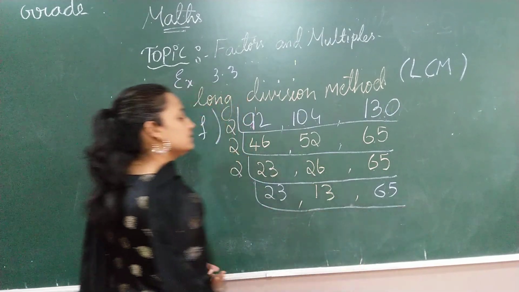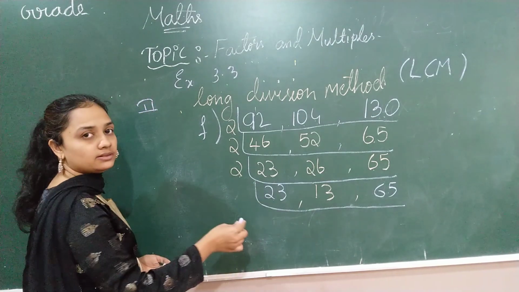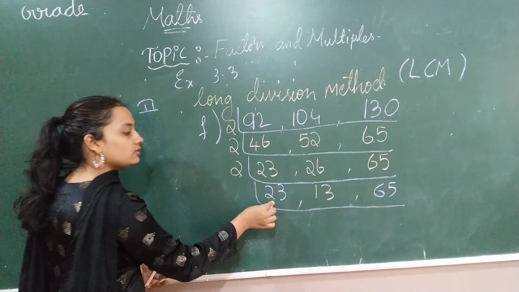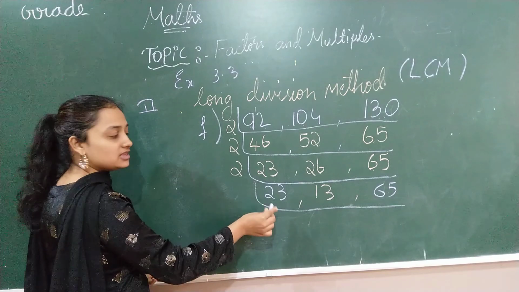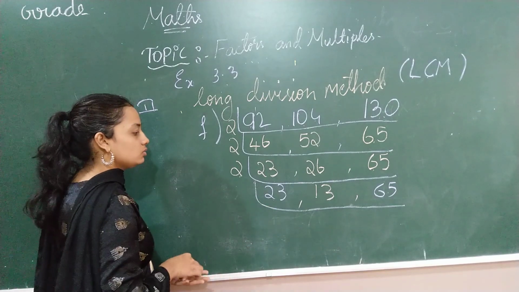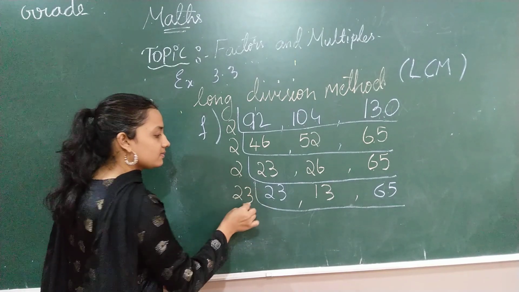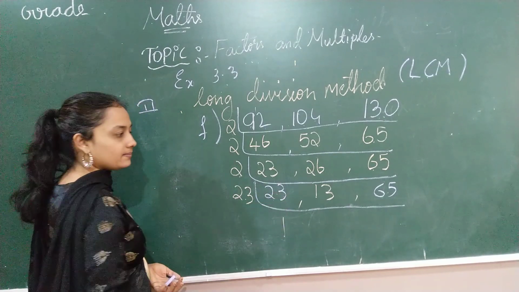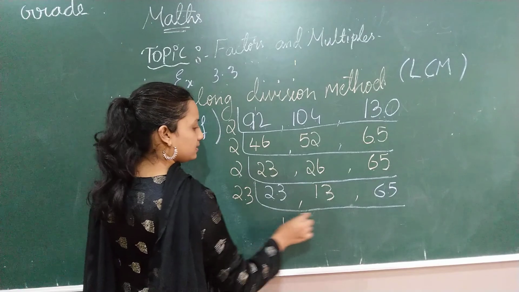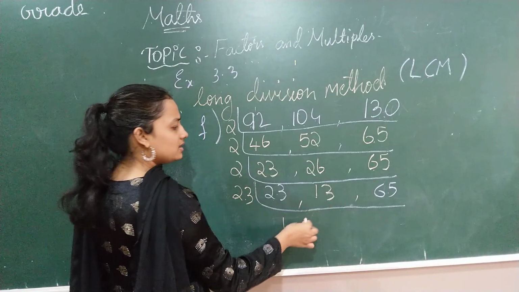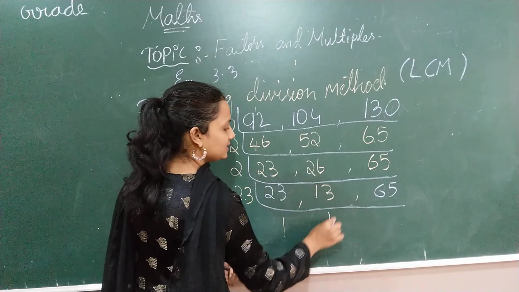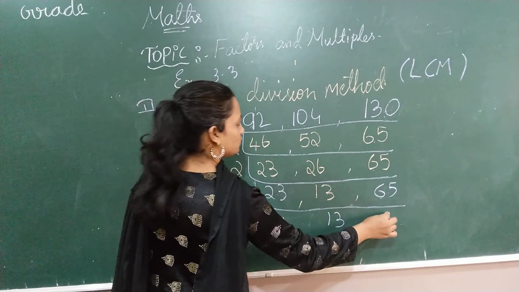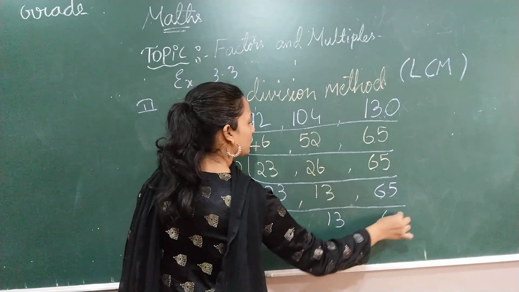Now, see, 23 is a prime number. So I cannot divide 23 with any other number except 23 only. So I divide 23 with 23 only. 23 1s are 23. Next 13. I cannot divide 13 with 23, so I write it as it is. And 65 also cannot be divided with 23. So I write as it is.